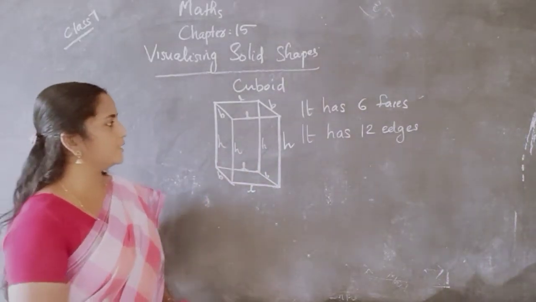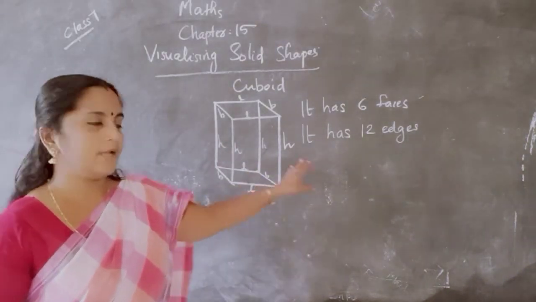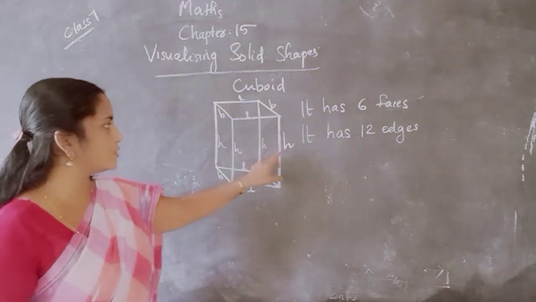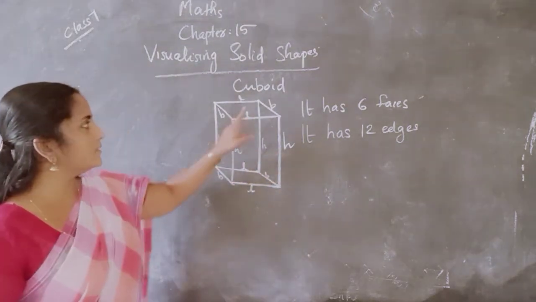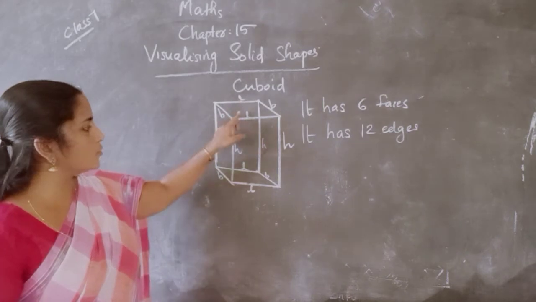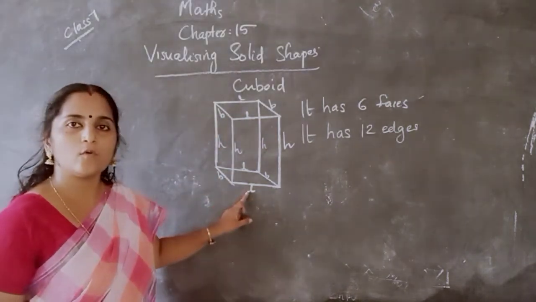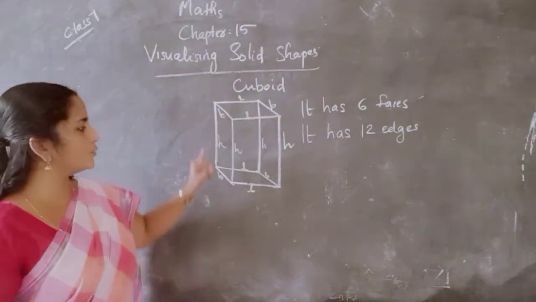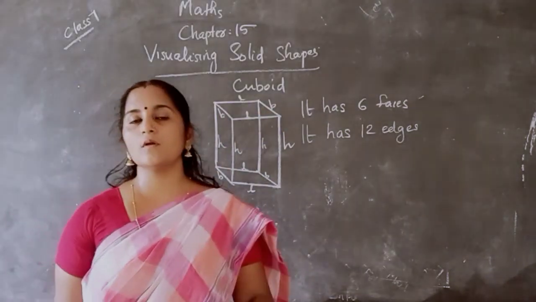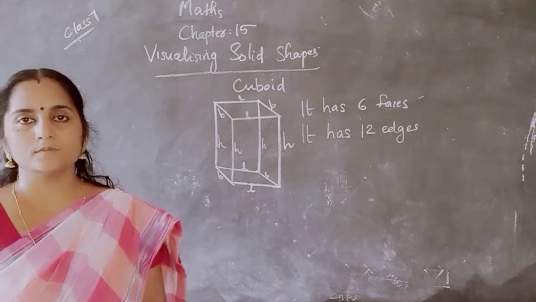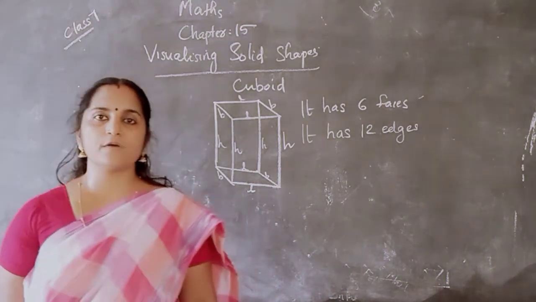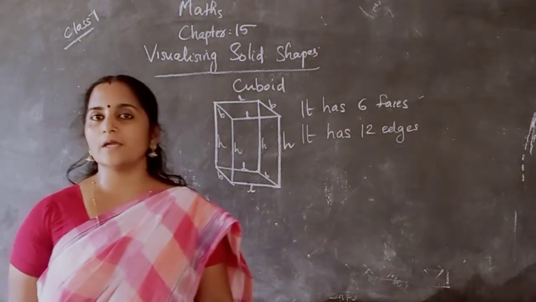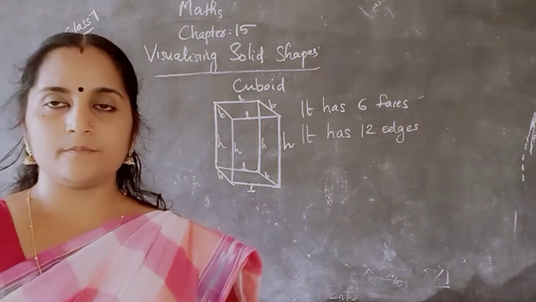I marked all the 12 edges. That is, 4 height are there, 4 length are there, and 4 breadth are also there. This is the first solid shape, that is cuboid.